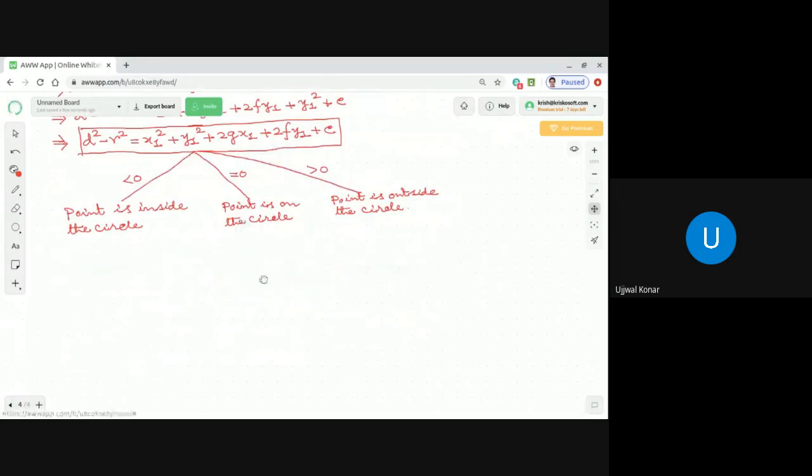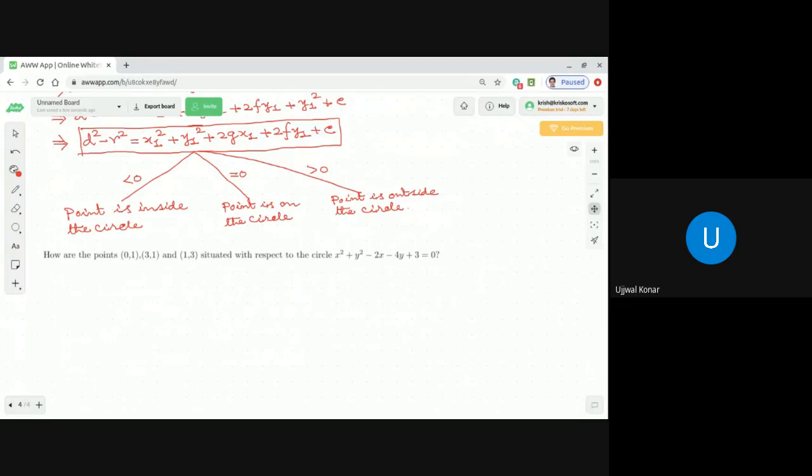The question is: how are the points (0, 1), (3, 1), and (1, 3) situated with respect to the circle x square plus y square minus 2x minus 4y plus 3 equal to 0?